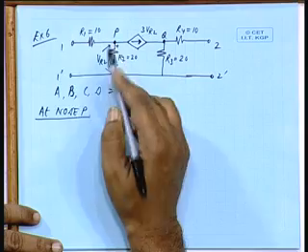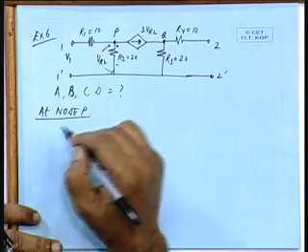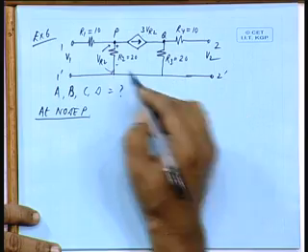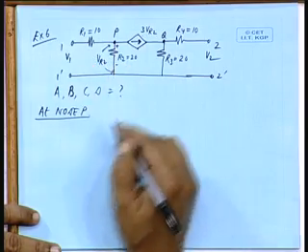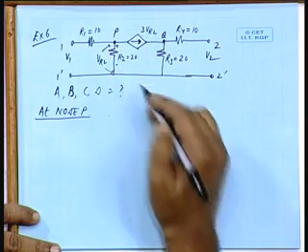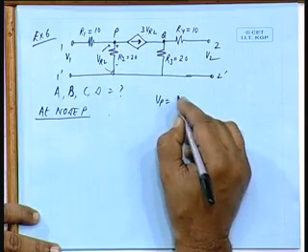What would be the equation here? Suppose this is the voltage V1, this is the voltage V2. This voltage Vp is equal to VR2, is it not?